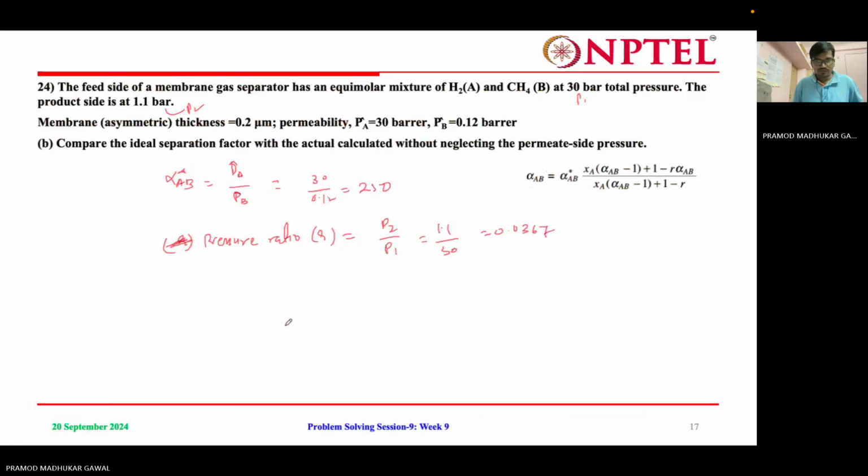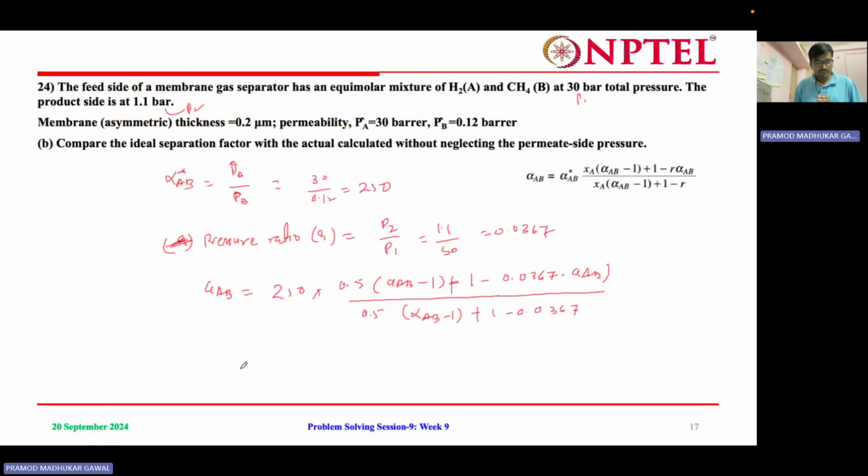Here is the formula, so put the values into this equation: alpha AB equals 250 times XA, which is 0.5, times alpha AB minus 1 plus 1 minus 0.0367 times alpha AB, over 0.5 times alpha AB minus 1 plus 1 minus 0.0367.